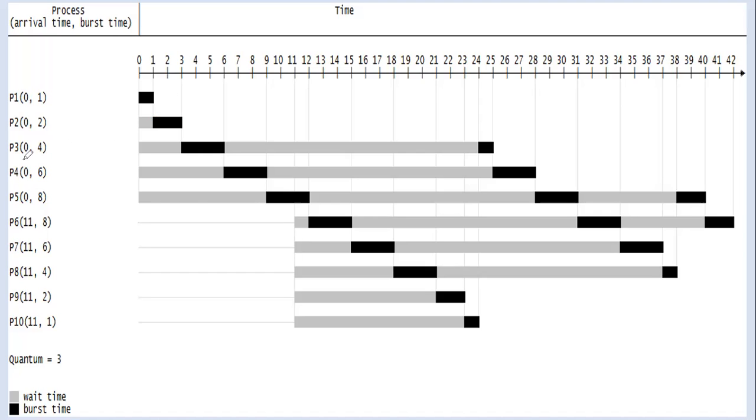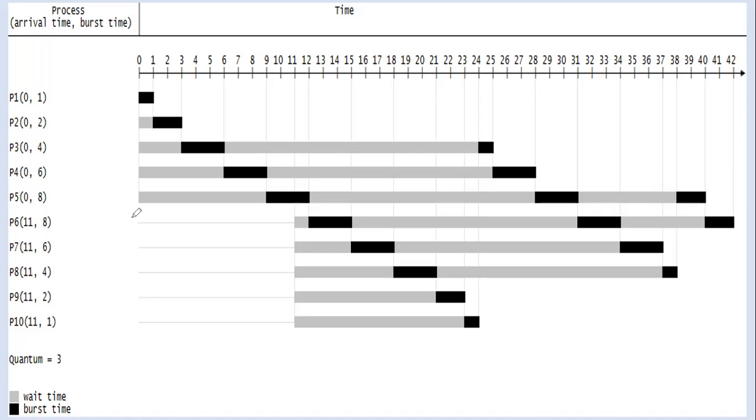Then process 3 has been waiting, so it will wait until processes P1 and P2 are through. And then it will be allocated the processor, and it has a burst of 4. But note that each process is only allocated a burst of time 3. So it will be processed for 3, and the remainder of 1 will be pending, so it will be taken back to the queue to wait.